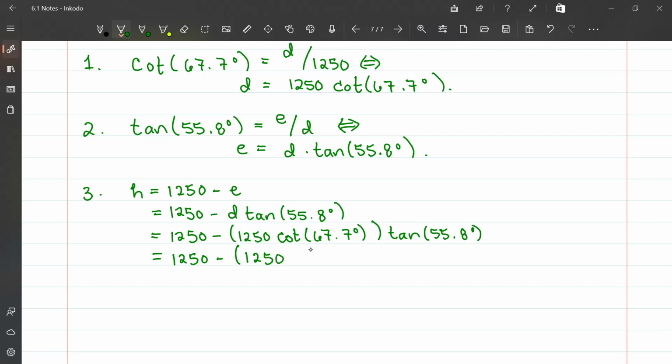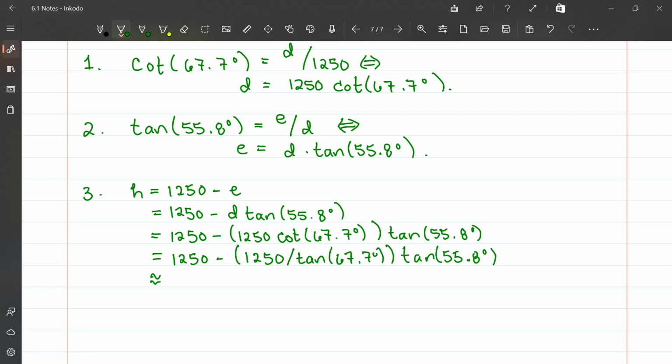Instead of 1250 times cotangent, it'll be 1250 divided by tangent of 67.7 degrees. If I write it like this in my calculator, it should give me the correct answer, which I can then approximate.